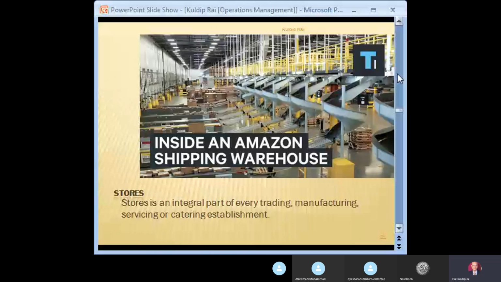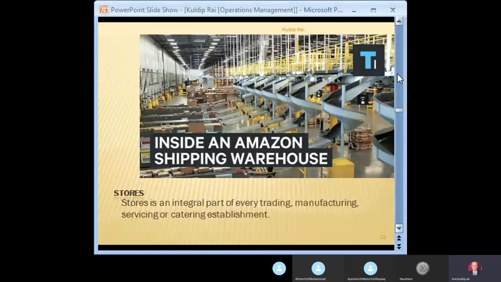So you will be actually seeing this warehouse. You will be seeing the automated operations. Let's hope that you are lucky enough to get a job in Amazon. But right now, just remember that stores is an integral part for trading. No trading is possible without store.